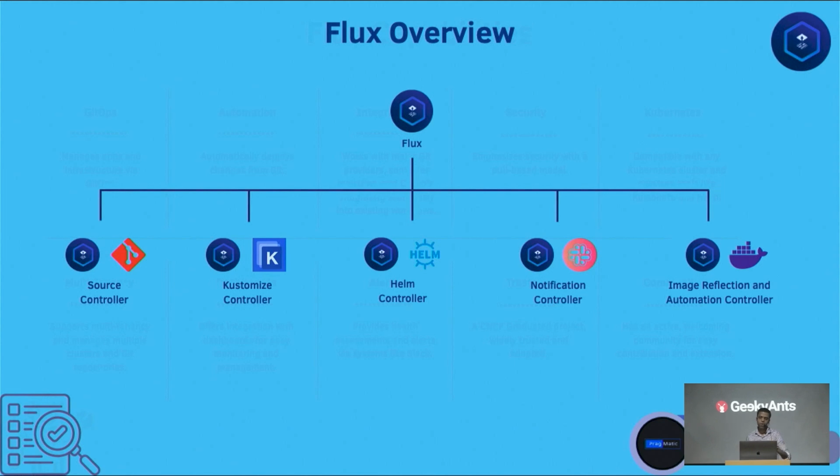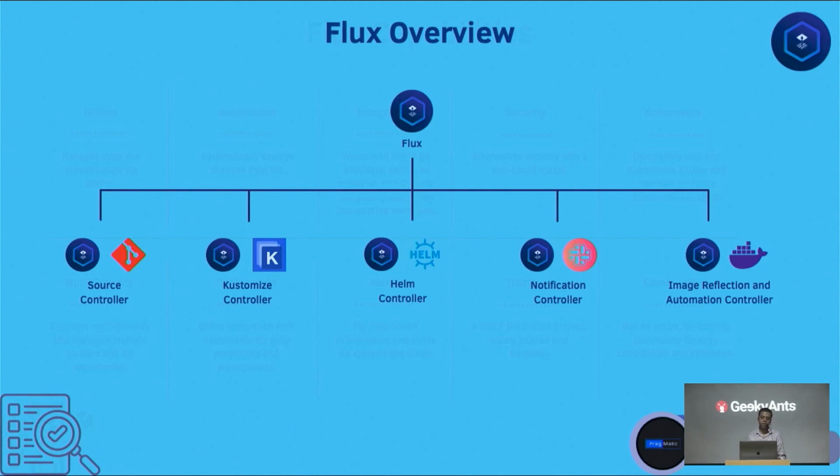So this source controller keeps a tab on those repos and checks for any changes. The moment it detects any changes, let's say you have pushed new code or a new image onto your Docker container, this is the controller that's going to take a look at it and notify other controllers.